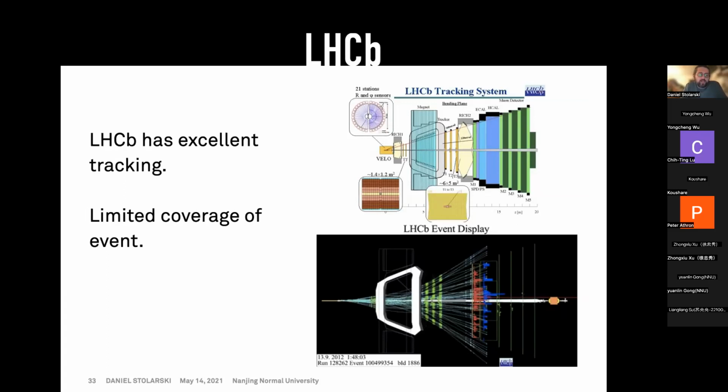And so informally, I've talked to some LHCb people that seemed interested in this, but none of them have reached out to me in the last few years. So I don't know if it's ongoing. But if you happen to be an LHCb member and are interested, please let's get in touch. I think LHCb could do very well at this, and it would be very complementary to what the other detectors are doing.